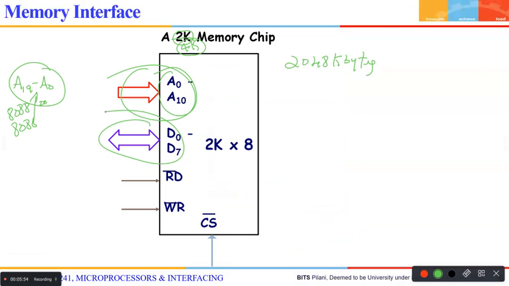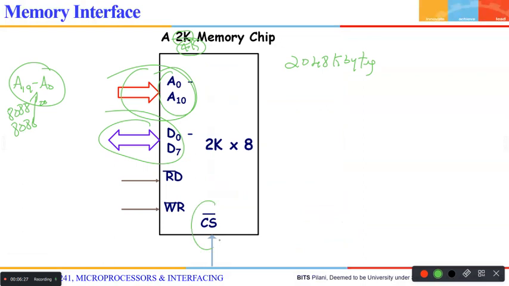What is the purpose of the read bar signal? Whenever a low signal is given to this, that means we are reading from the memory. What is the purpose of the write bar signal? Whenever the microprocessor generates low on the write bar signal, that means it would like to write data into the memory.